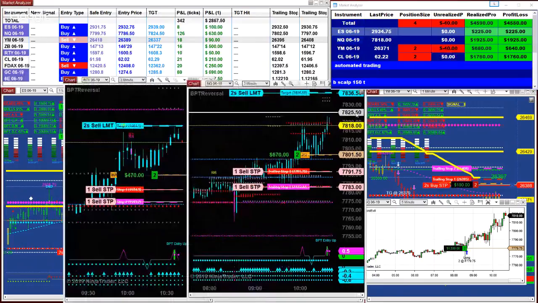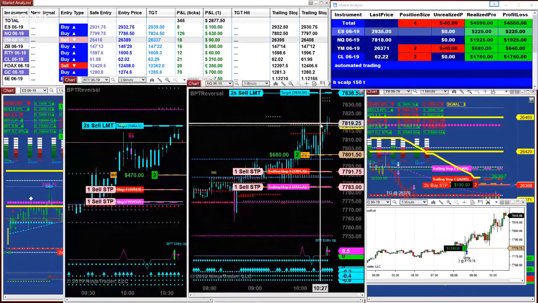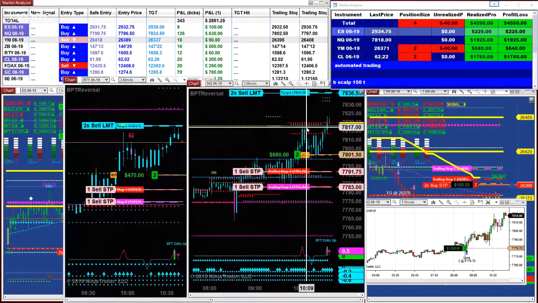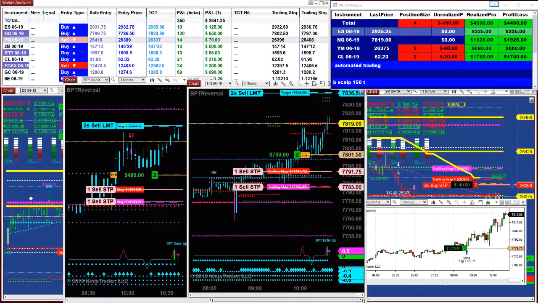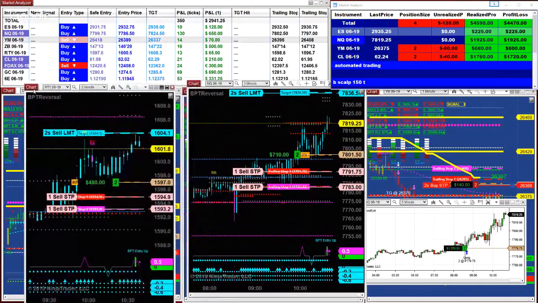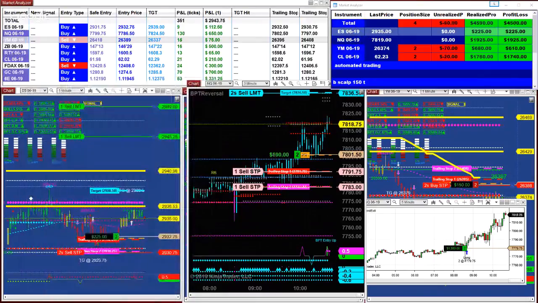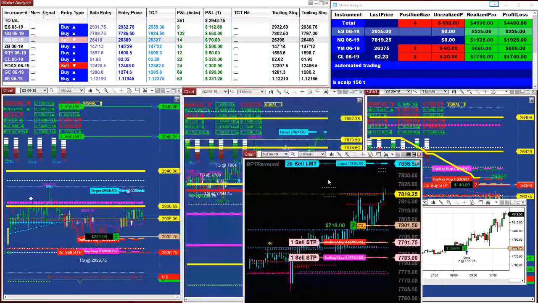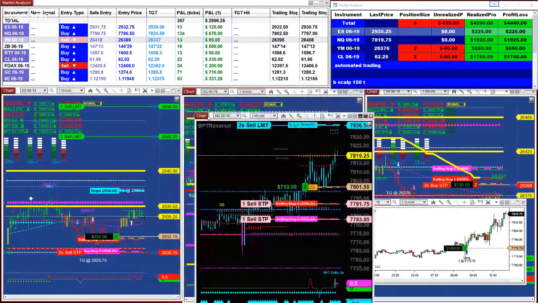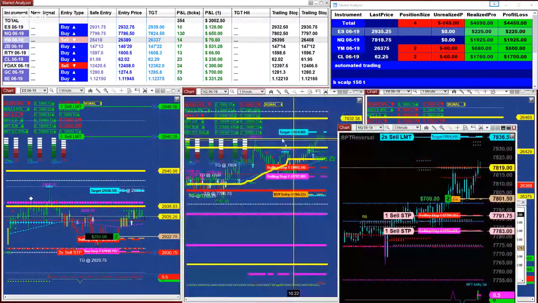The NASDAQ, we still have the same problem on the 1925. On the 1 minute, the NASDAQ already hit the target.